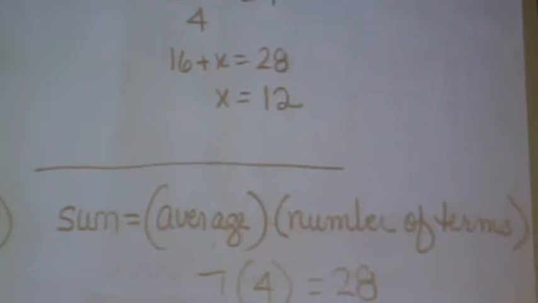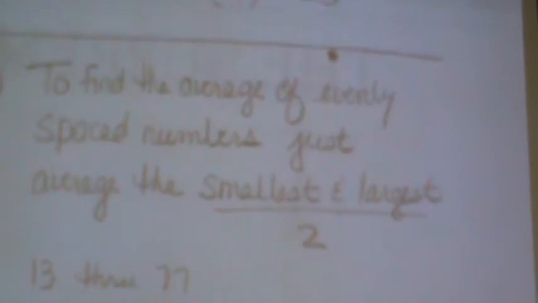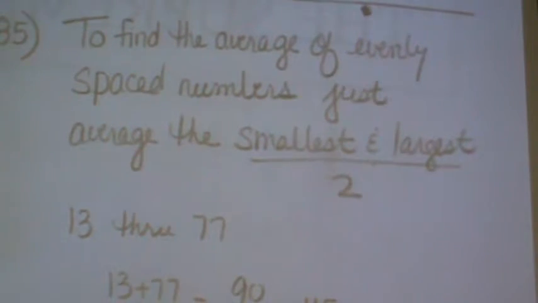Okay, number 85. How do you quickly find the average of a series of evenly spaced numbers? So if I tell you, you have integers from 13 to 77, you've got to know that they're evenly spaced though.